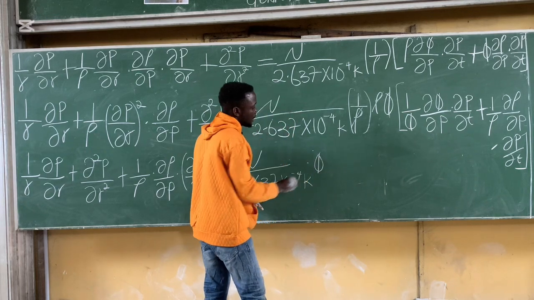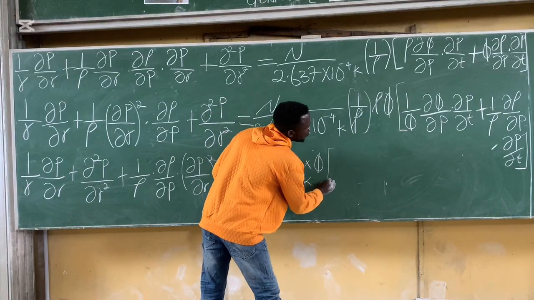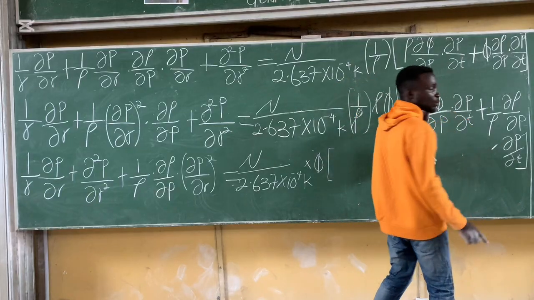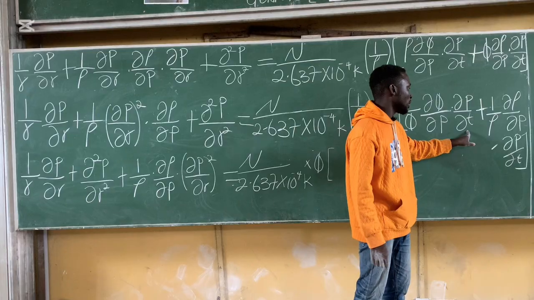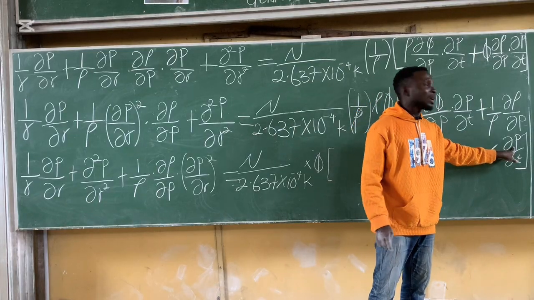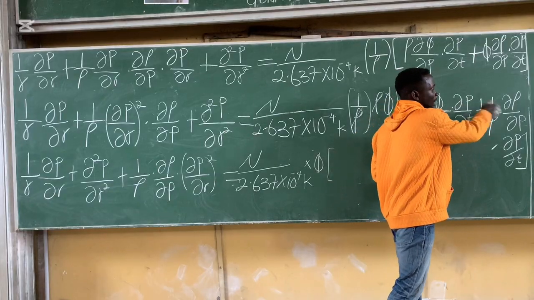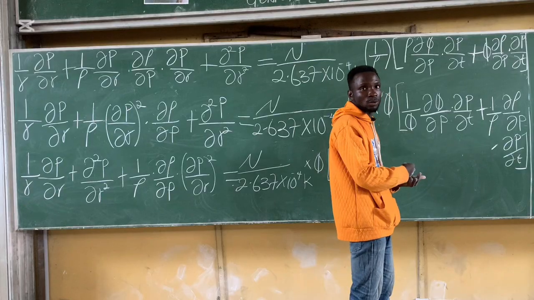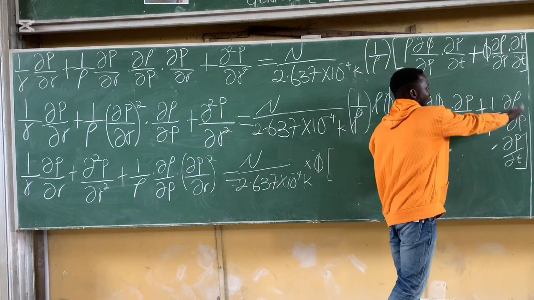That is multiplied by phi into, if you look at this bracket from here to here, something is common. What is common? The ∂p/∂t is common, this point here, it's also here at this point. So you can see that the ∂p/∂t is common for this first one and this second one. So we factor the ∂p/∂t out. Let's factor it out at the ending.